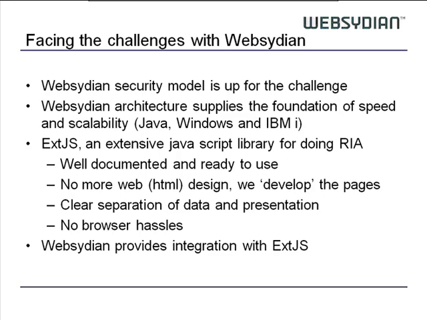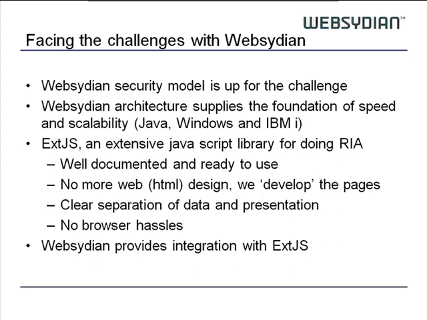Moving into how we face these challenges with Web CDN applications: for sure, I'm quite certain that the security model of signing stuff and making sure nobody can tamper with it, securing the events, is definitely up for the challenge.